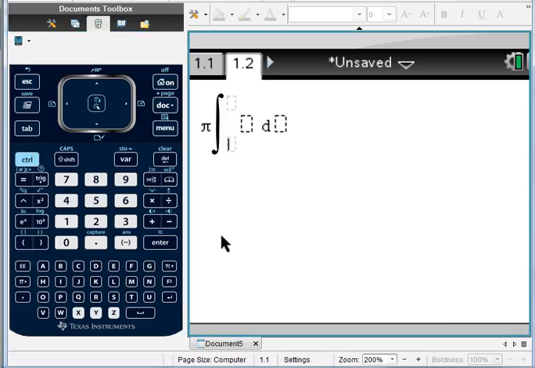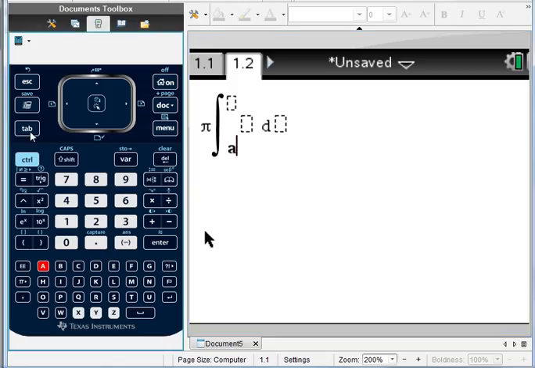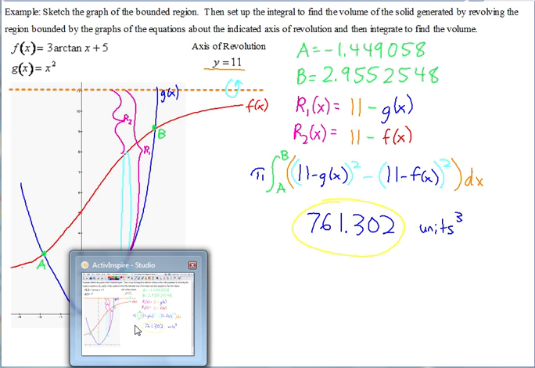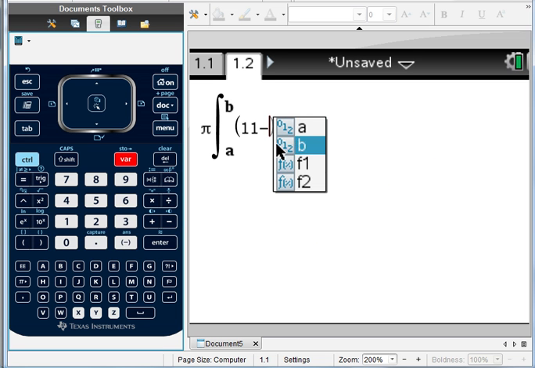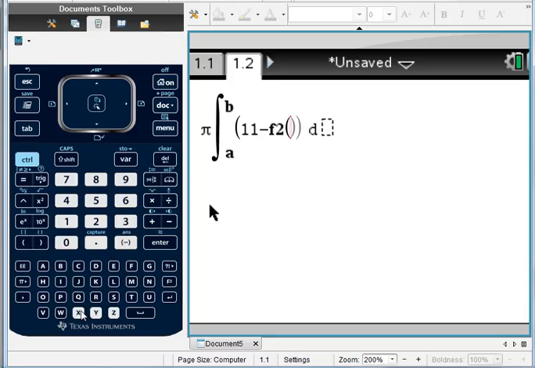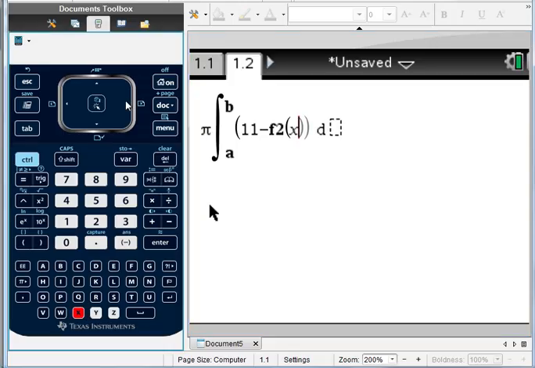And then here, let's go ahead and go pi times the integral from A to B. And then open parentheses. So it's 11 minus, is it g of x first? Yeah, it was g of x first. So that was F2 in our calculator. Whole thing's squared. Make sure you square this, not the x there.